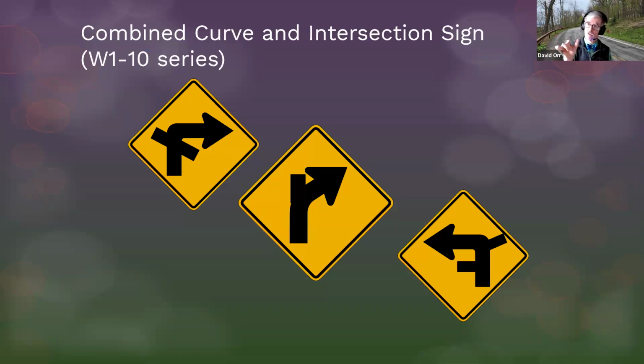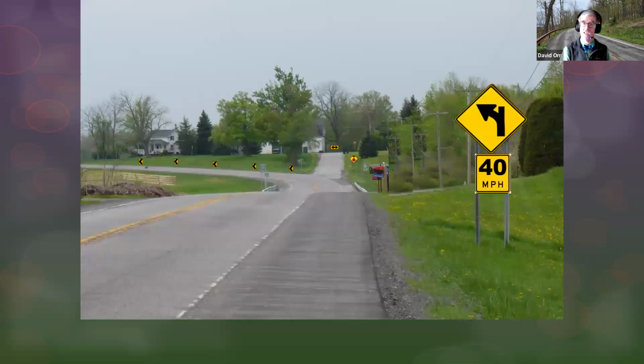The little black lines are slightly narrower, and they should have the same angle as the road at the actual site, okay? So if we look at that particular site, we could put one sign up that has the combination curve straight road, and it's much easier for the public to understand what they're seeing.